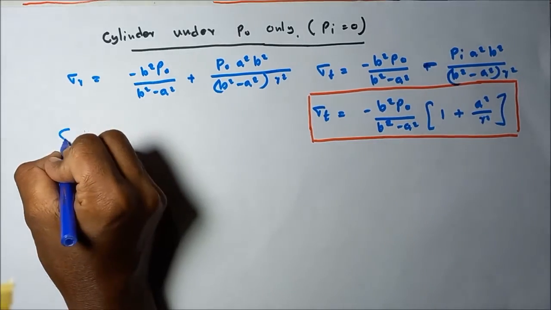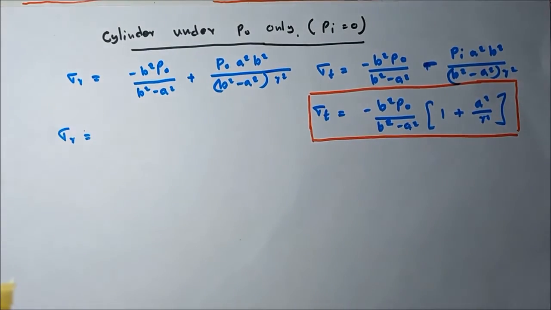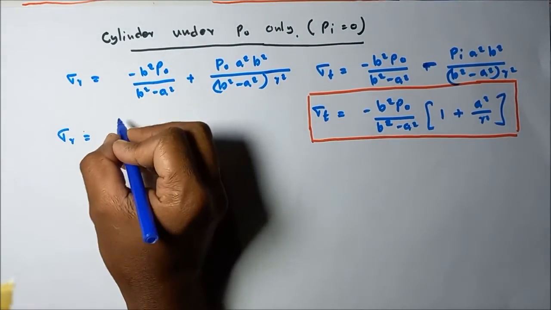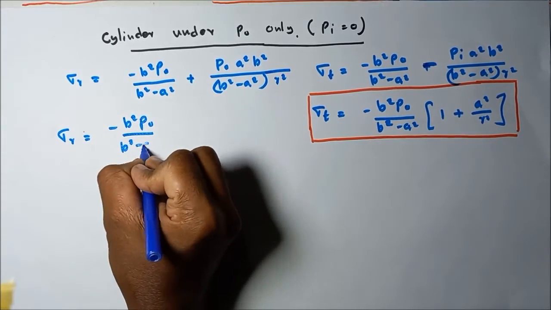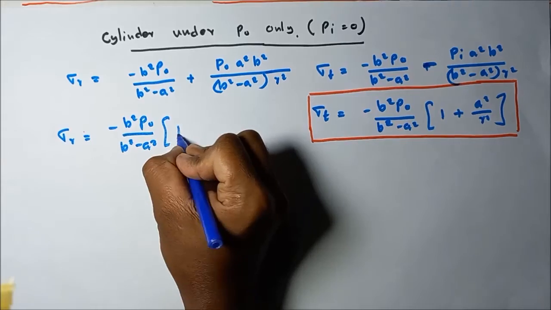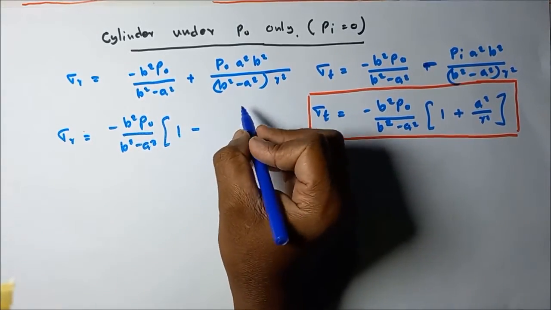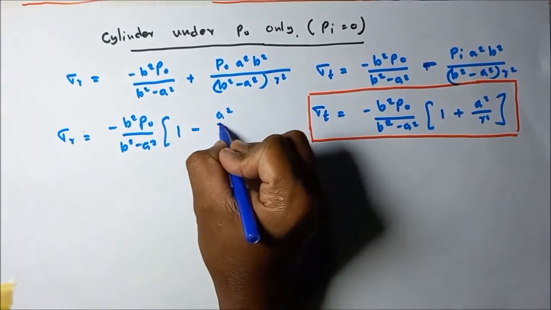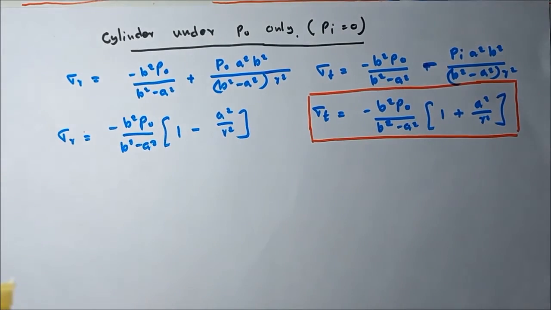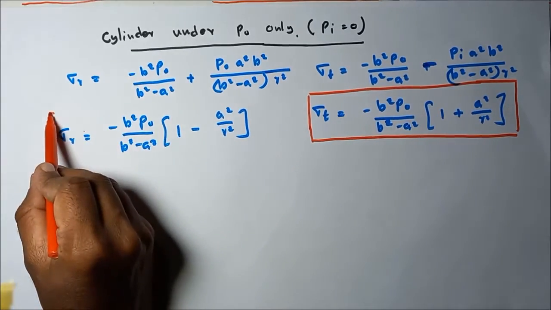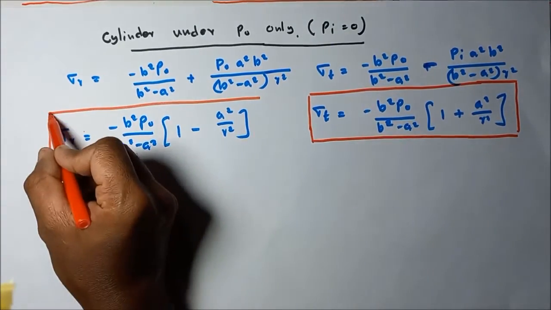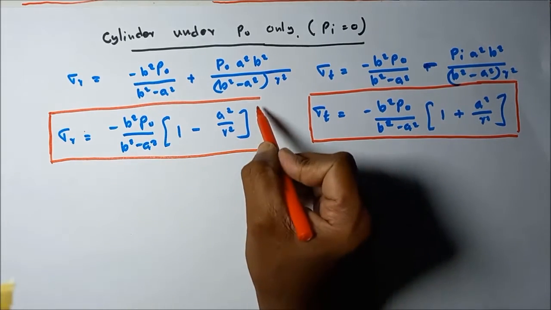Then I'm going to rewrite the sigma r equation also. I take minus b square PO divided by b square minus a square out, leaving 1 minus a square divided by r square. This is the equation we can use to calculate the radial stress when the cylinder is subjected to external pressure only situation.